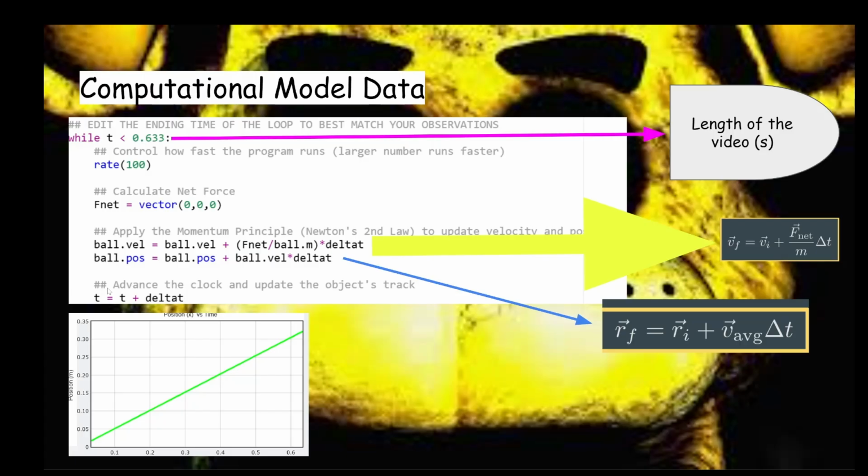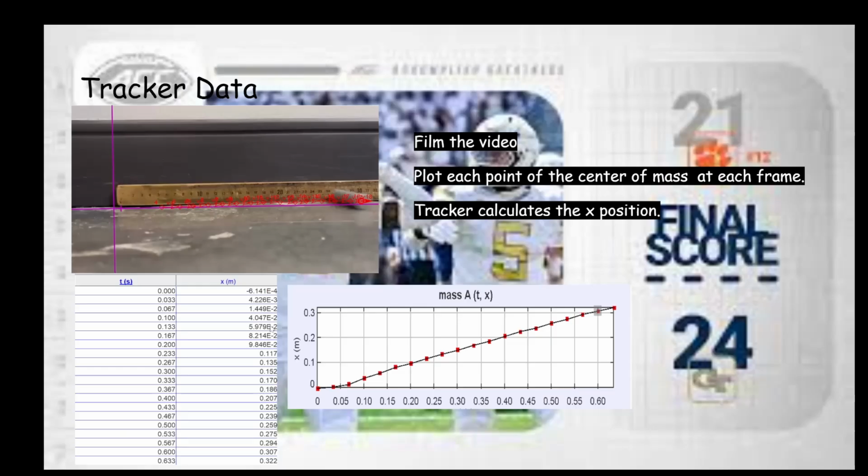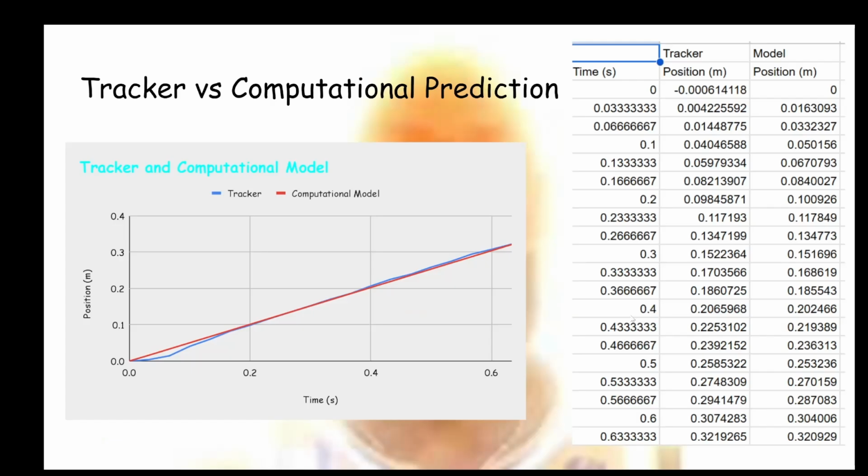At the bottom we have t equal to t plus delta t. This is each iteration, so it calculates the position and velocity at each iteration. And here we have the graph. This is the result, and as you can see, they are very similar, both graphs have a positive slope and are moving in the positive x direction.